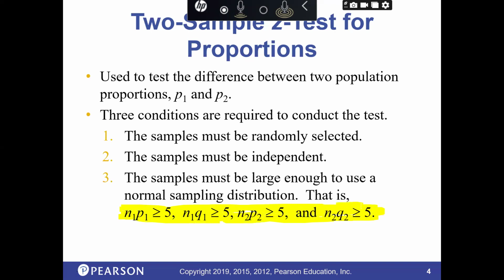So that's the condition. And if you can use that, that means you can use the z-score approximation. So we got to check that first to see if it qualifies, and if it can, then we can use it. So this is the condition to use the formula.